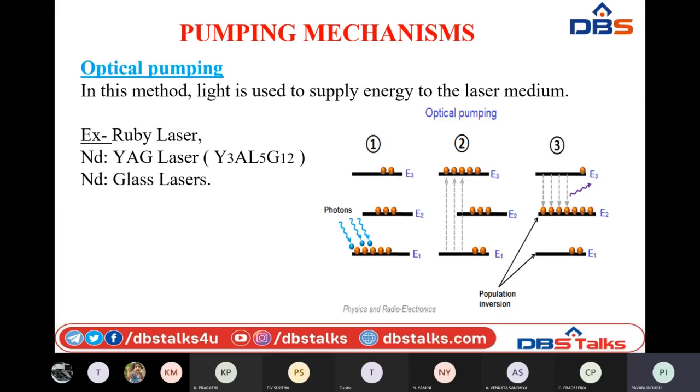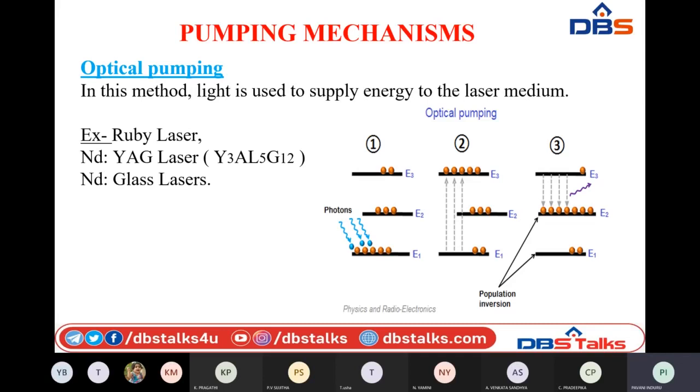Metastable state means, we know that the lifetime of higher energy states is very short, in the order of only 10 power minus 8 microseconds. That means whenever the atoms are excited to higher energy states, they will not stay there for a longer time. They stay only for a short period within 10 power minus 8 microseconds, and then they come back by emitting a photon, which is known as spontaneous emission.